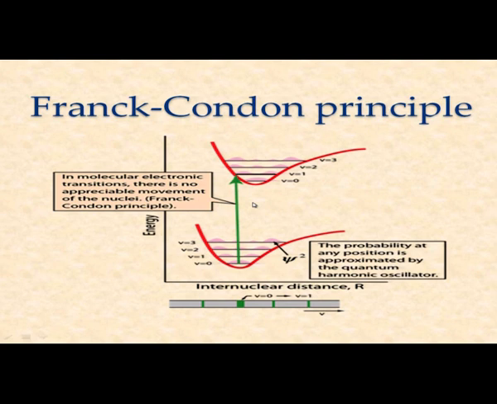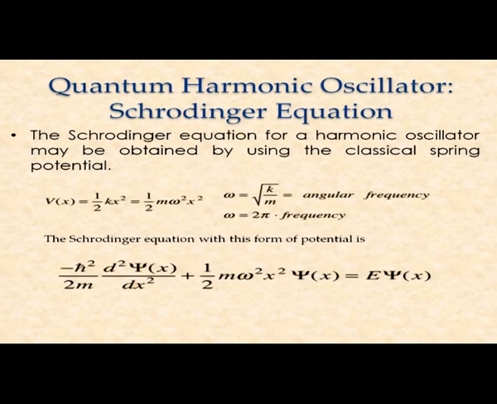So, with this Franck-Condon says that there is no appreciable movement of the nuclei in molecular electronic transition. The probability at any position is approximated by the quantum harmonic oscillator. So, quantum harmonic oscillator, as I said, is another important concept to understand the vibrational spectrum of the molecules.